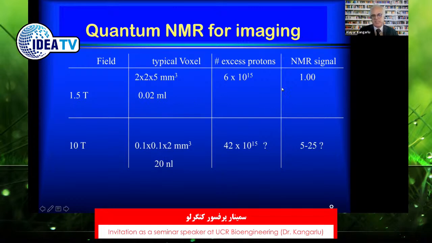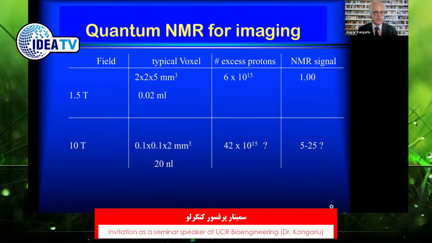And if you set that as the basis for NMR signal intensity, then as you go to higher and higher fields, for instance, I remember that back in 1995 when I was at Ohio State, we actually set out to build the strongest MRI scanner.